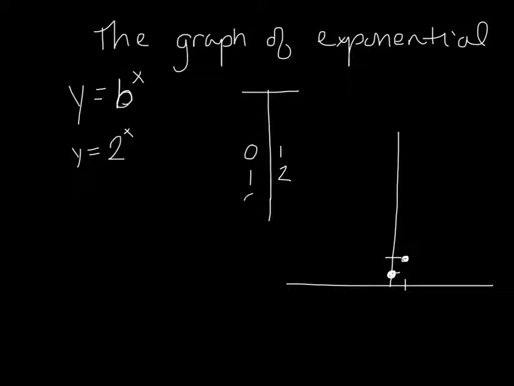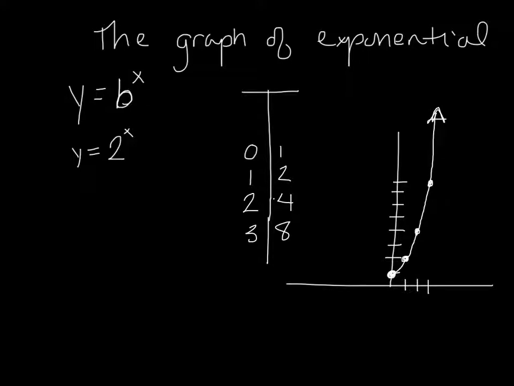And then let's say I plug in 2, that gives me 2 squared, which is 4. I could do 3, that would give me 2 cubed, that's 8. Okay, and so you'll see that this goes up, and then it goes up and up and up, and it's going to go pretty fast there.